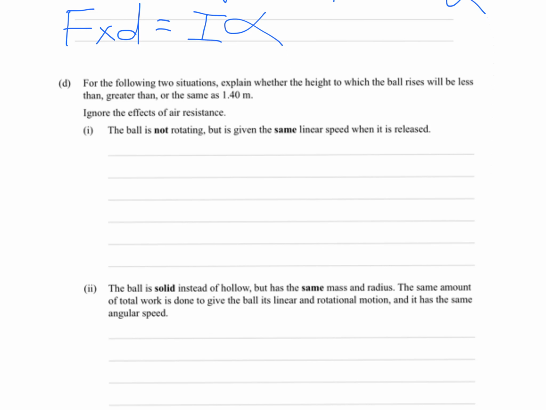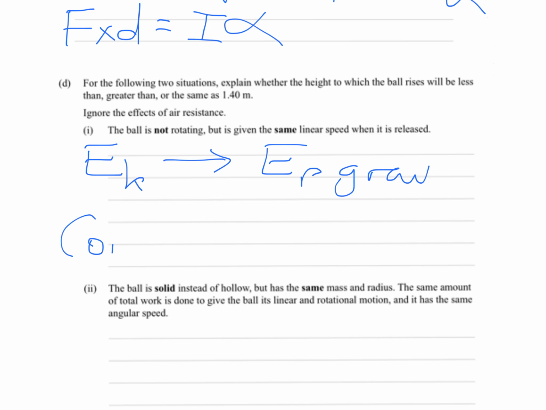I guess if it's given the same linear speed, we've got to look at the kinetic energy that it starts off with, and all of that kinetic energy will be converted to gravitational potential energy. So it's not rotating. That doesn't make any difference whether it's rotating or not, because if it's rotating, it'll have a constant angular velocity, whether it's zero or non-zero.